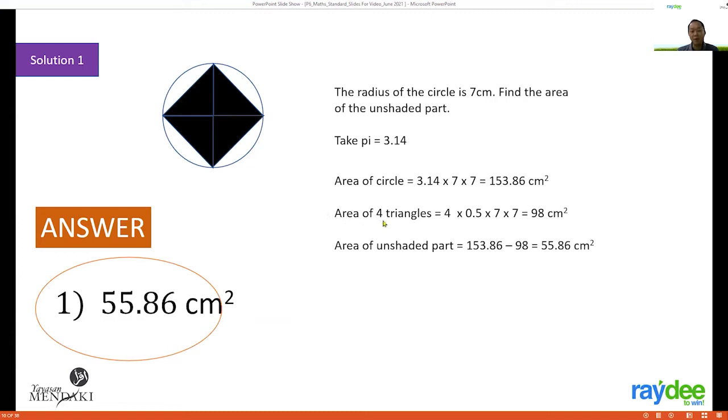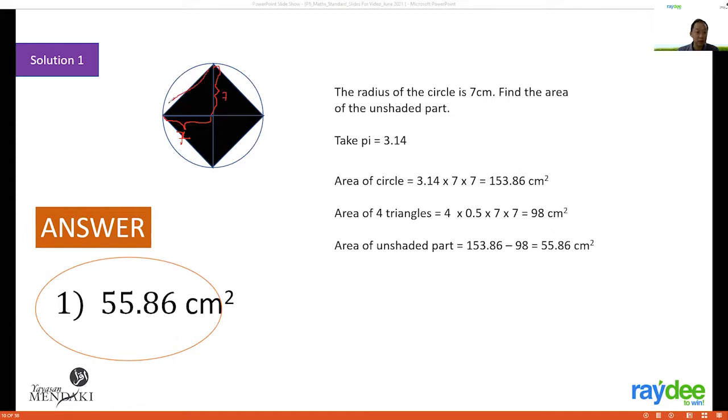Now find the area of 4 triangles. The area of 4 triangles is 4 times half times base times height. This is the base of the triangle, which is 7, and this is the height of the triangle, which is also 7.